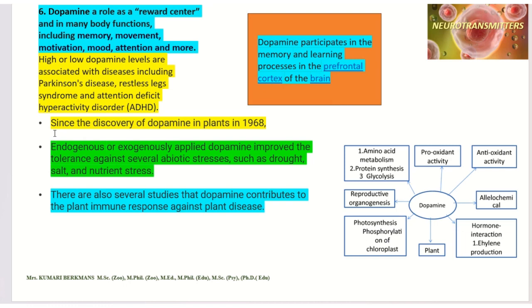Coming to the next one, dopamine was discovered in plants in 1968. Dopamine was found in plants, so make a note of the year 1968. Endogenously or exogenously applied dopamine improved tolerance against several abiotic stresses in plants, such as drought, salt, and nutrient stress.